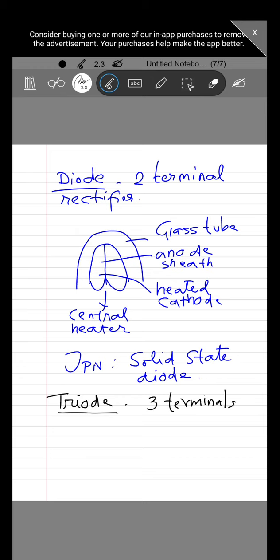Apart from the anode and the cathode, as in the case of a diode, it has a grid which is extra. It can be used as an amplifier or switch.